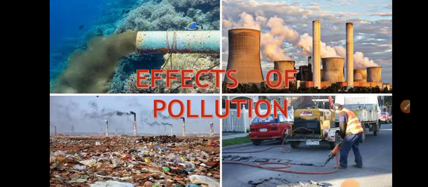What are the major effects of water pollution, land pollution, and noise pollution to human beings, animals, or the environment? What are the major impacts that they are having on us? That will be discussed here under effects of pollution. So we are going to see them one by one.